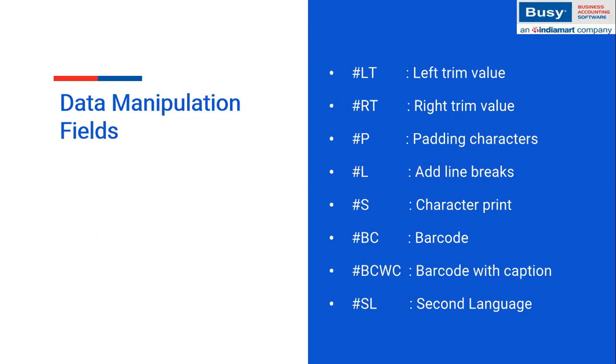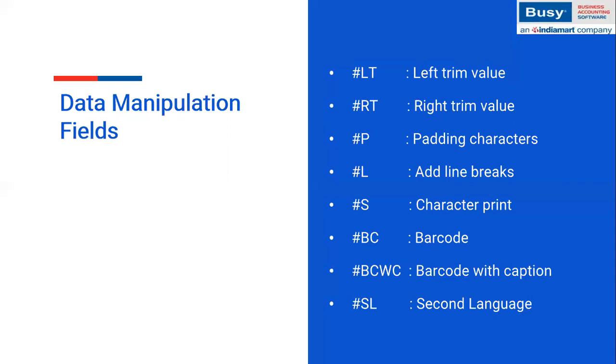If you want to print a barcode, as you know, you can configure barcodes in Busy. For that you can use the field hashtag BC, and it will print the barcode in your advanced format.